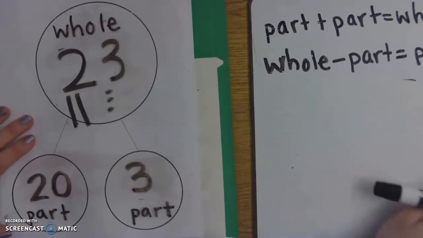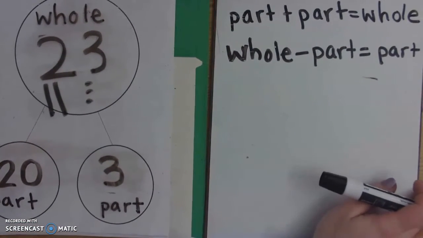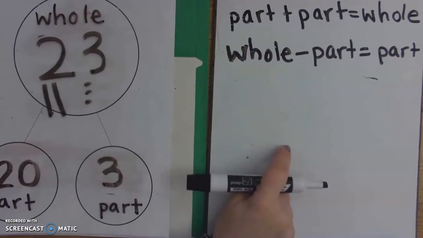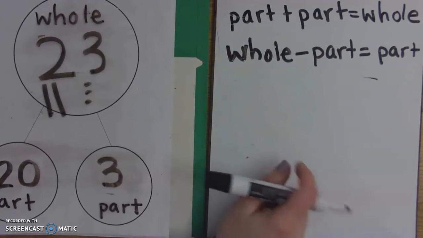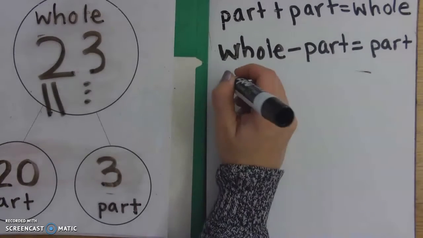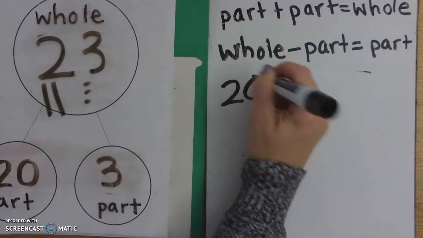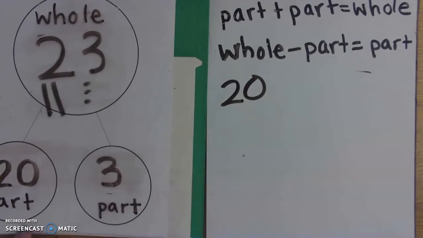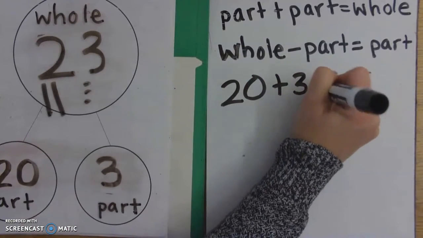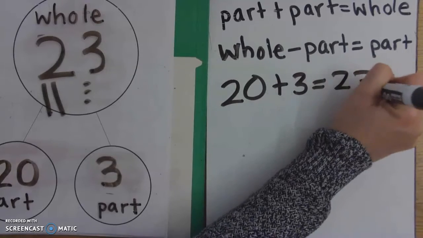All right, pause the video. I want you to write 2 number sentences on your board. Write one addition and one subtraction. Then press play and take a look at what I wrote. I'm going to start my addition sentence with part plus part. I'm going to do 20 plus 3 equals 23.